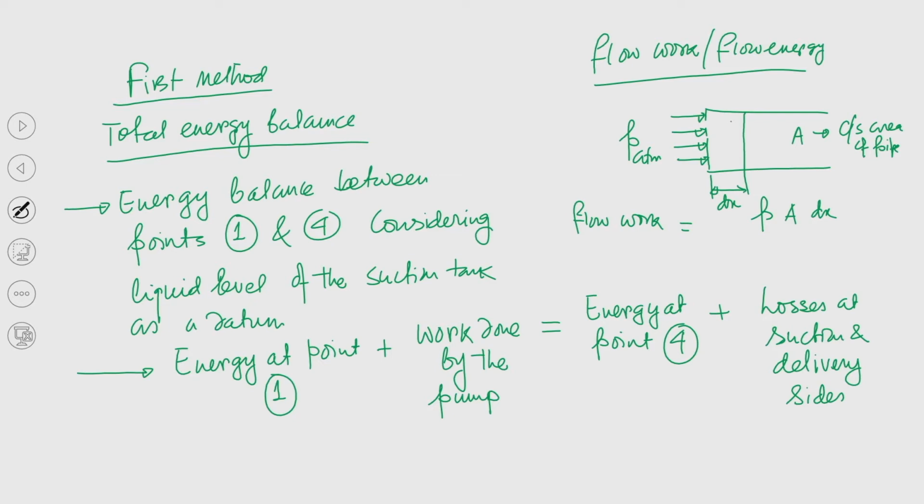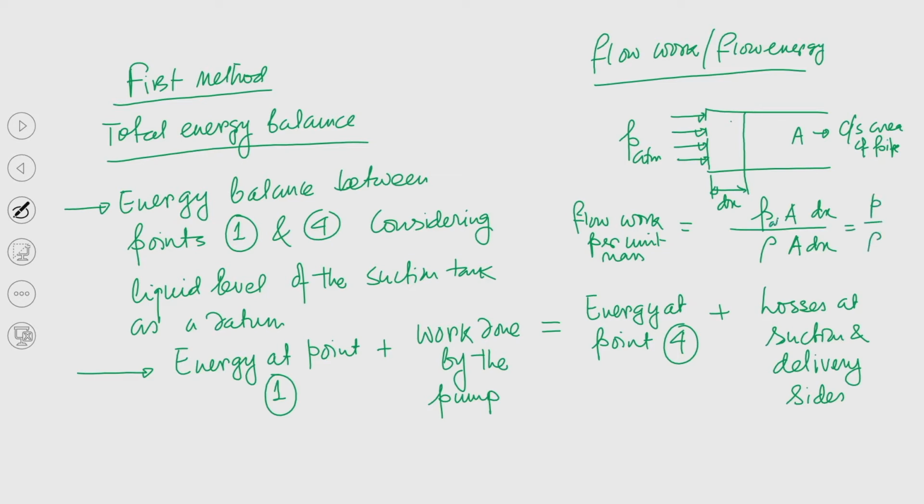Now, if we look for flow work per unit mass of the flowing fluid, then that should be A into rho. So, density of the fluid which is being handled by the pump is rho, then rho A into dx, that is the mass, right. So, this can be written equal to P by rho, okay, P ATM by rho.